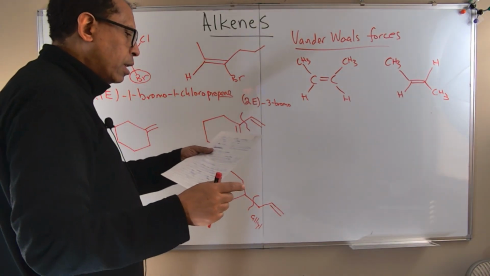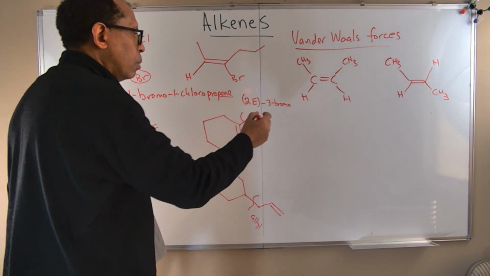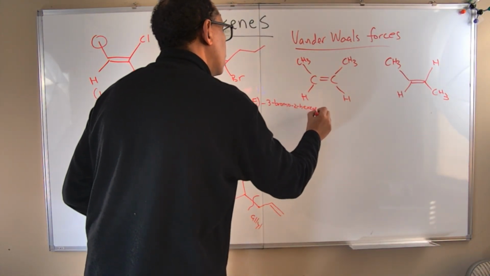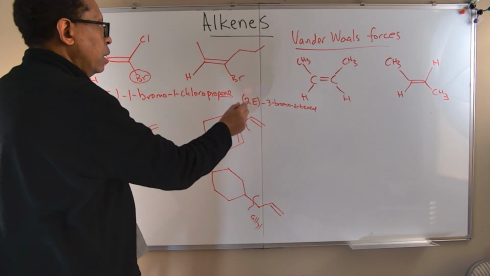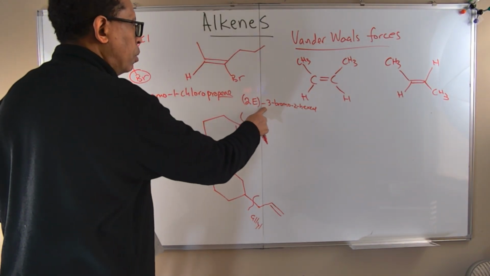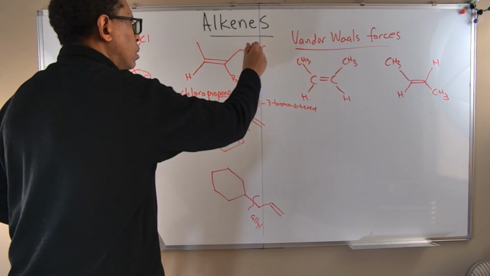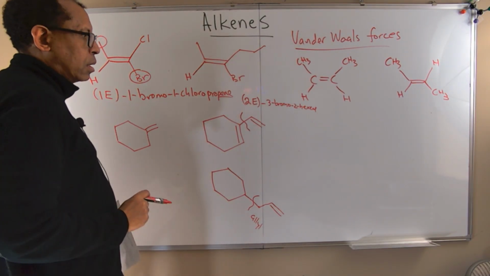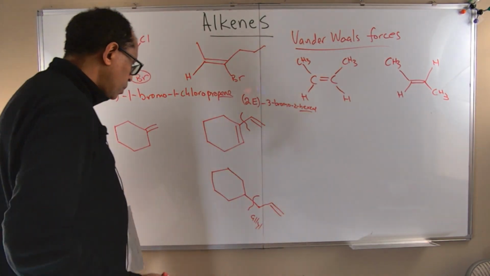So it is a hexene, 2-hexene. So it is 2E, that means it is an E isomer. At 3 we have bromo, 2-hexene. 6 carbon, which is hexene.